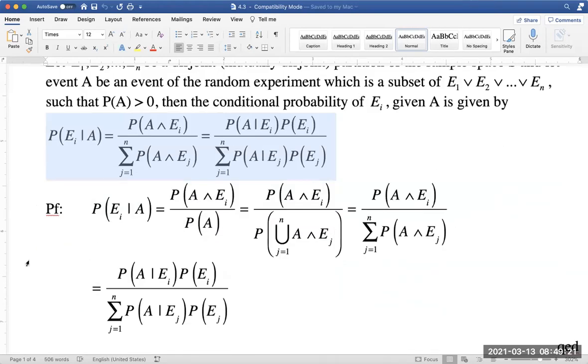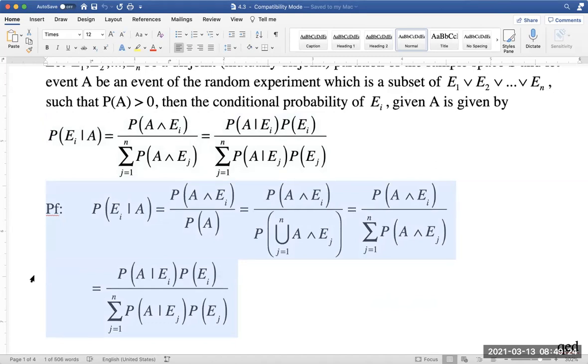So let's show this. It's actually a very short, easy proof, basically a one-line proof. Notice we want to figure out the probability of E given A. Maybe we don't know that, but maybe we know A given E. And so notice we've switched around from E given A to A given E. That's Bayes' theorem.